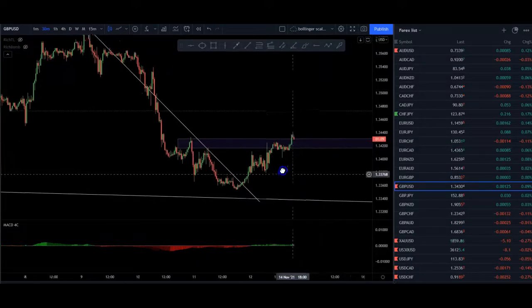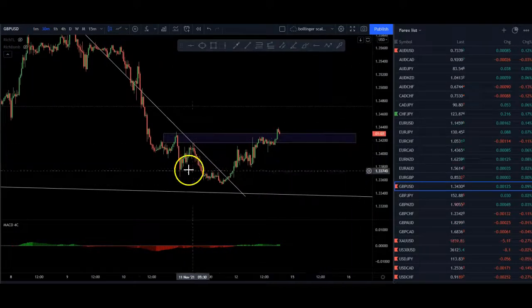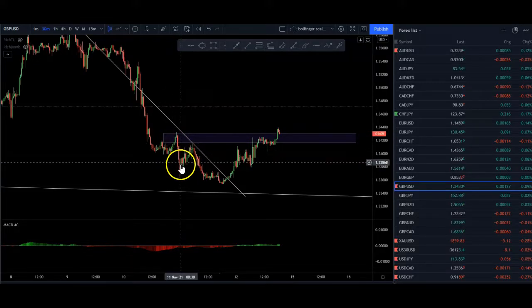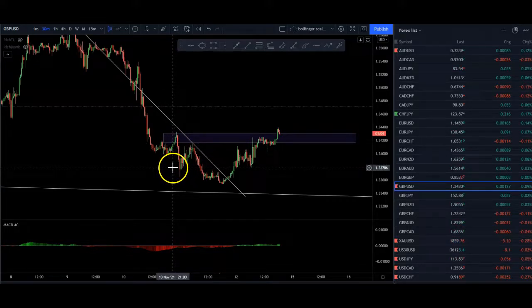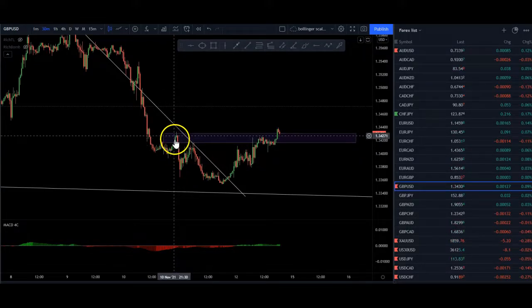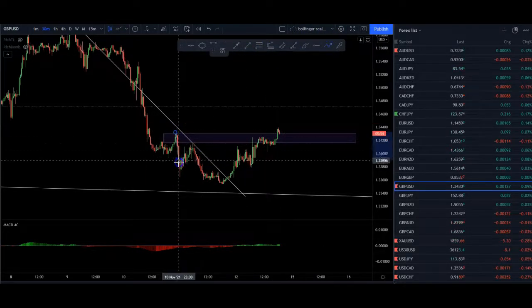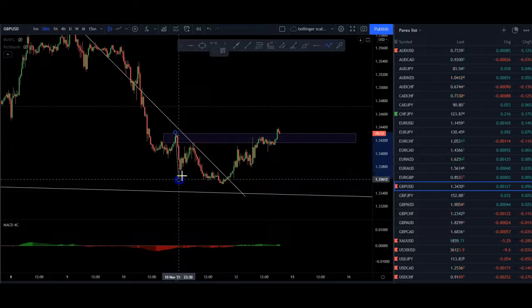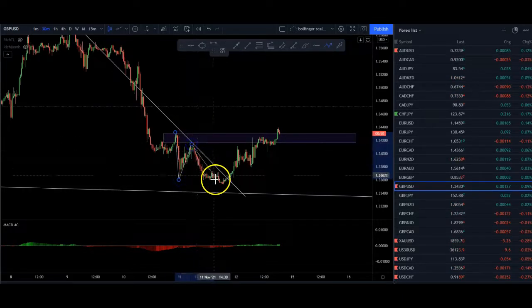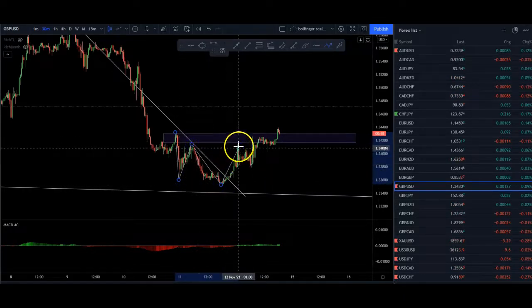I'm probably going to enter with small lots, you know. And not only that, you can see an imperfect head and shoulders. Can you see it? That can be one shoulder, the head.